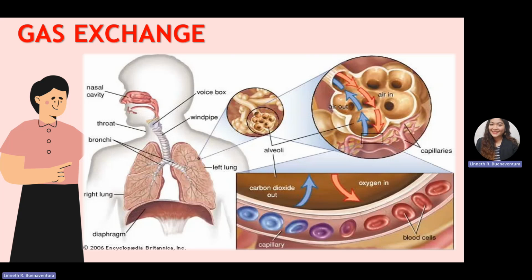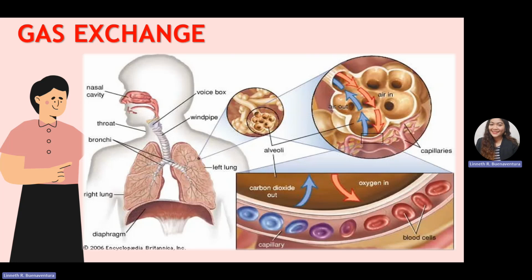Gas exchange. This illustration shows the process of gas exchange in the human respiratory system. It shows how oxygen and carbon dioxide are exchanged between the lungs and the blood. As you can see in the illustration, it shows the different organs responsible for the respiratory system of a human.